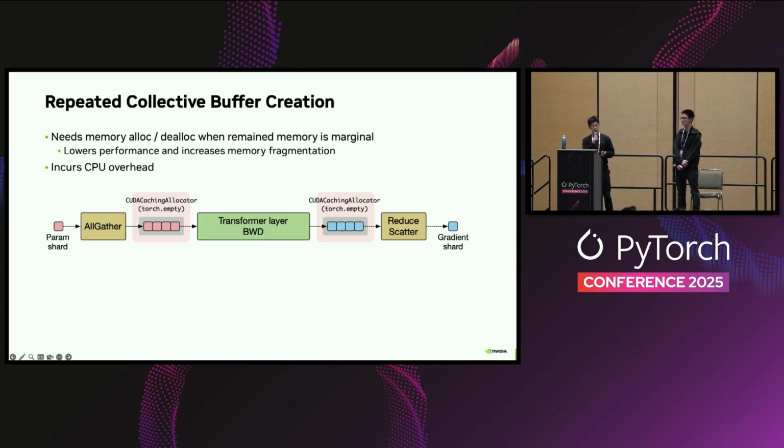Every time you call these communication calls, you are supposed to put the data in a temporary buffer. The baseline FSDP does this using the caching allocator, which is literally the torch empty API. Using it is not a problem if you have ample memory left in training, but if your remaining memory is very marginal, then it needs to deallocate some of the small tensors and then create the big tensor to put the result of the communication. We found that this causes a big overhead.